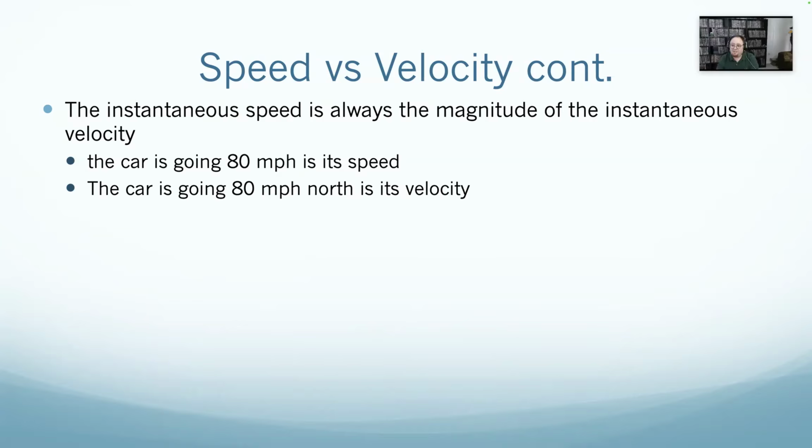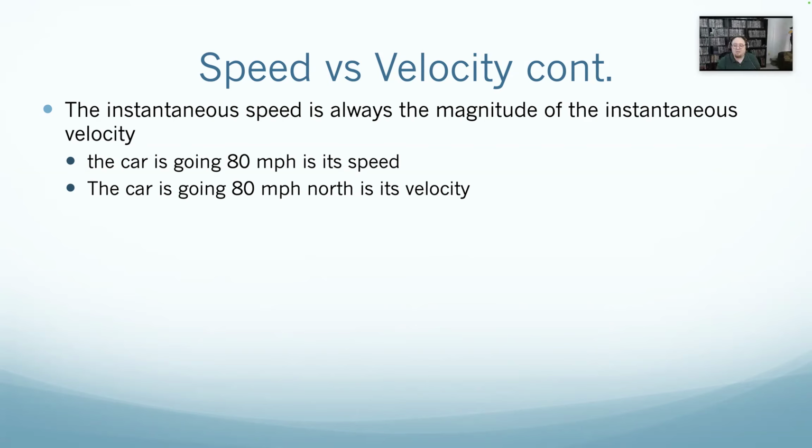The difference is that the velocity, or at least its magnitude, will be the same, but the velocity will have a direction. If your car is going 80 miles per hour, that's your speed. But if you're going 80 miles per hour north, that's your velocity, which if you're driving down the highway, it matters which direction you're going. This is why velocity becomes much more important, because once you get instantaneous, and seriously, who cares about how fast you're going on average, it's all going to be based off which way you're going and how fast you're going.